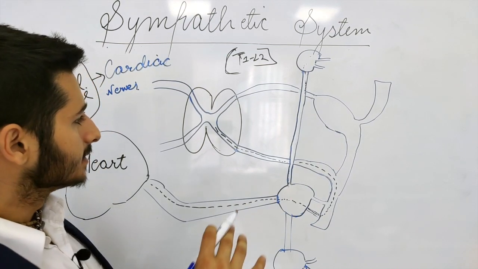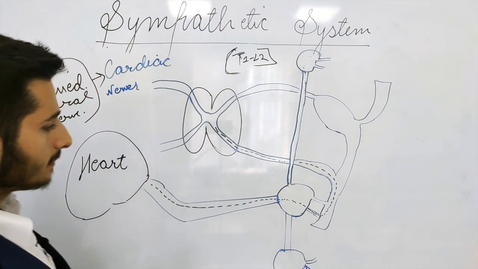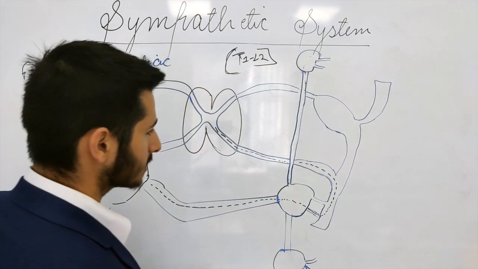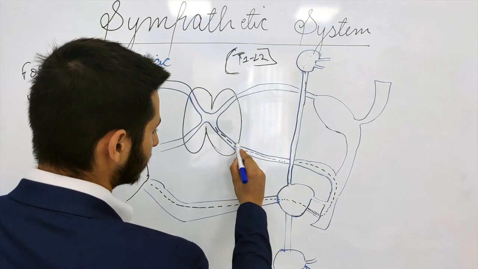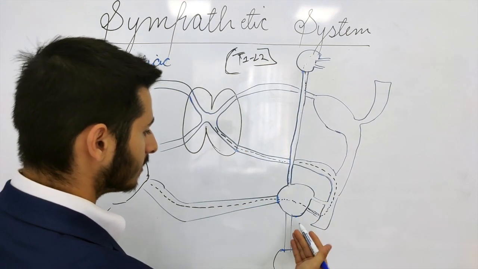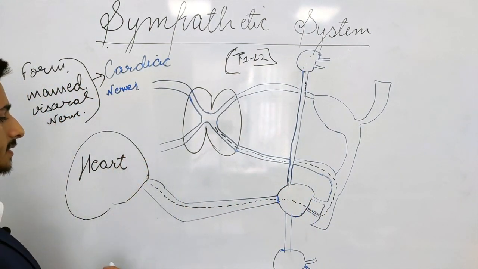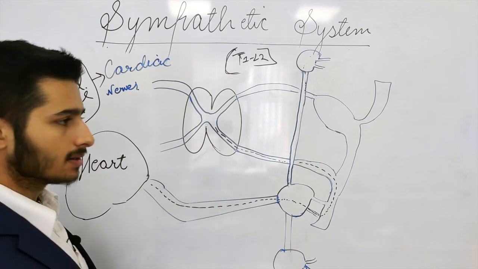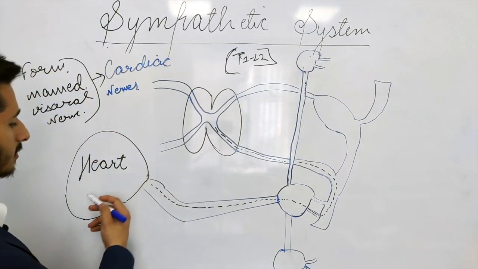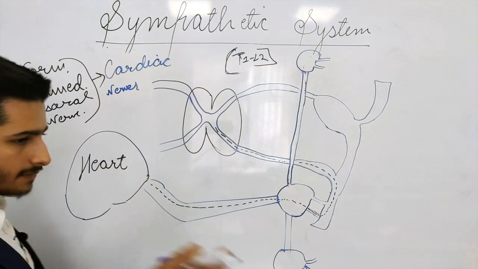Once again, the sympathetic innervation of the thoracic and the cervical viscera. What happens in such kind of innervation is the preganglionic fibers leave the trunk medially. When they leave the trunk medially, they travel to the viscera present in the thorax or in the cervical region. If it's in the thorax, we take an example of the heart, and they innervate the heart.